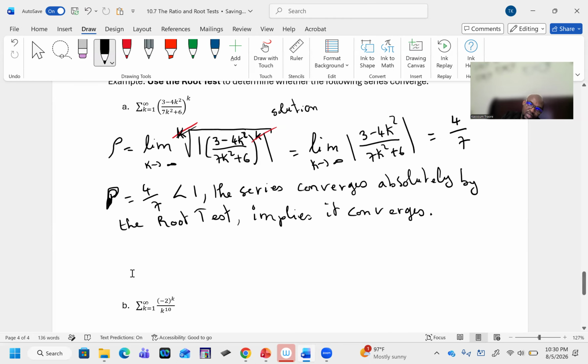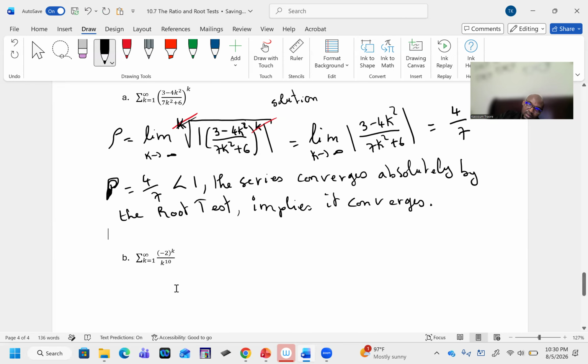Same thing we will do for B. So for B, again, rho will be equal to the limit of the k-th root of the absolute value of negative 2 to the power of k divided by k to the power of 10, as k approaches infinity.